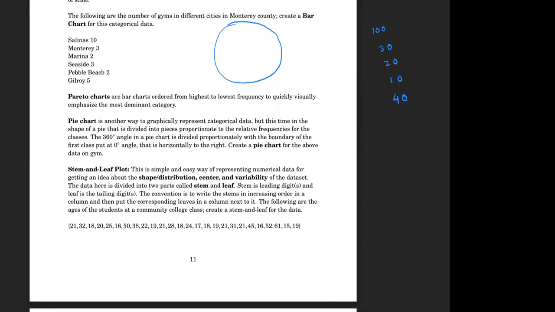So 30% of the data is one category, 20% of the data in another category, 10% of the data in another category, and 40% of the data is another category. All of these, by the way, should add up to 100%. Let me make sure. This is not weighted mean. It has to add up to 100%.